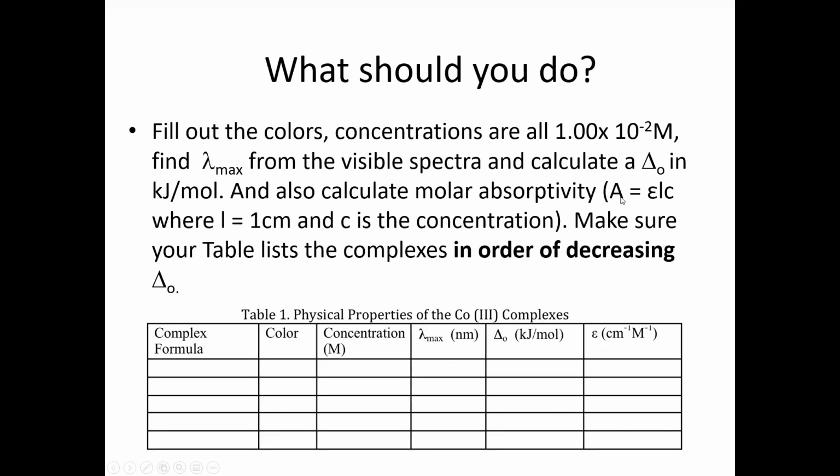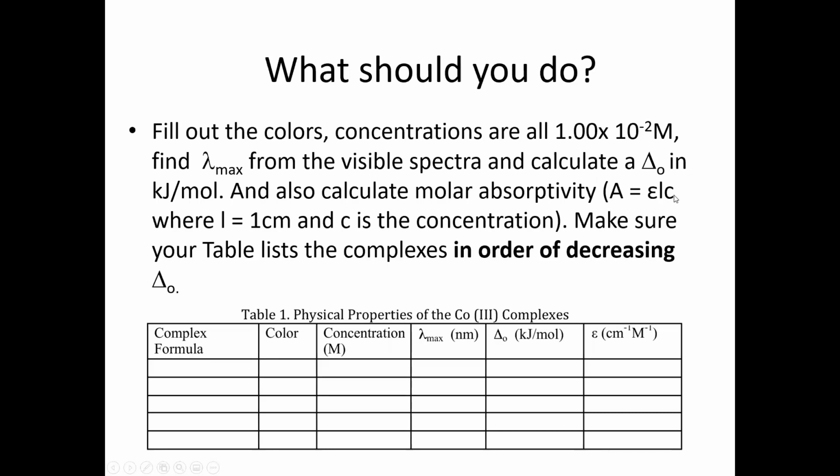So based on Beer's law, the absorbance equals epsilon times L times C. The L is the light path, which is the thickness of our cuvette, that is 1 centimeter, and the C is the concentration, which will be given in the laboratory template. So you will use this Beer's law equation.